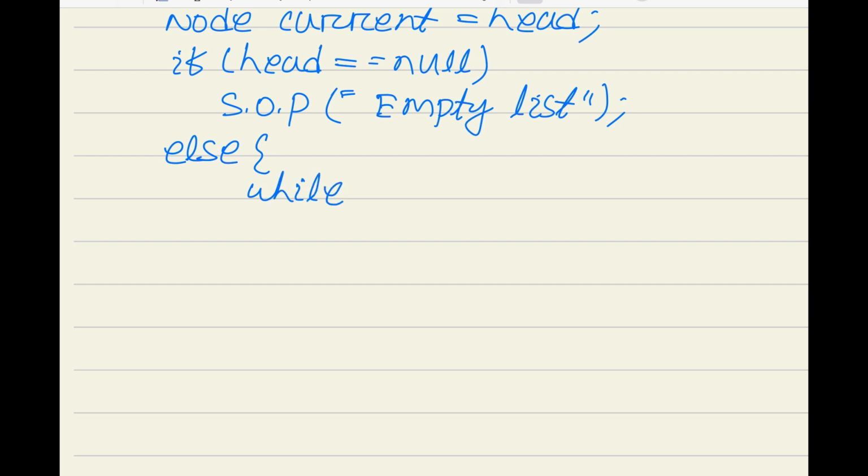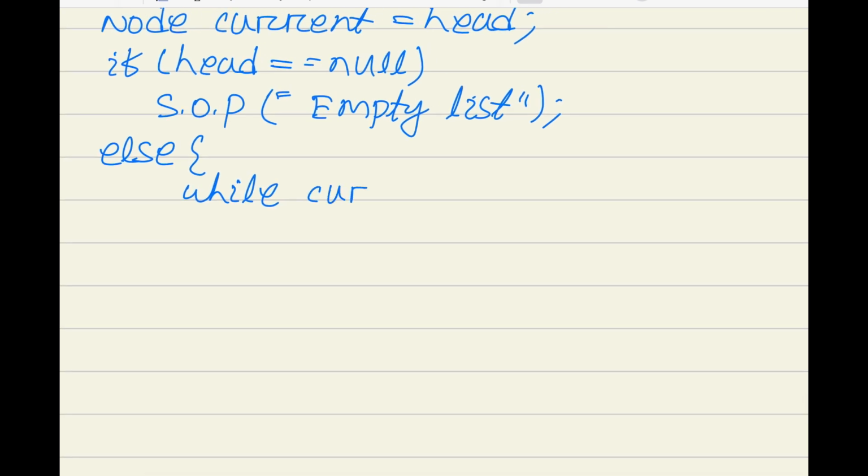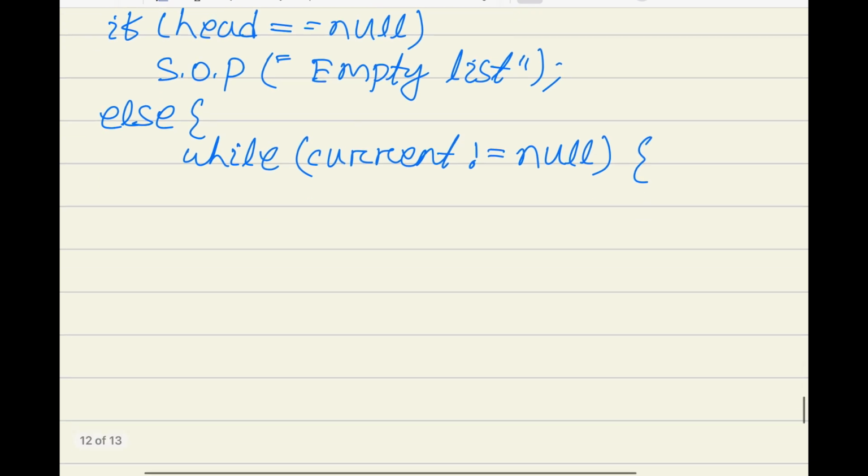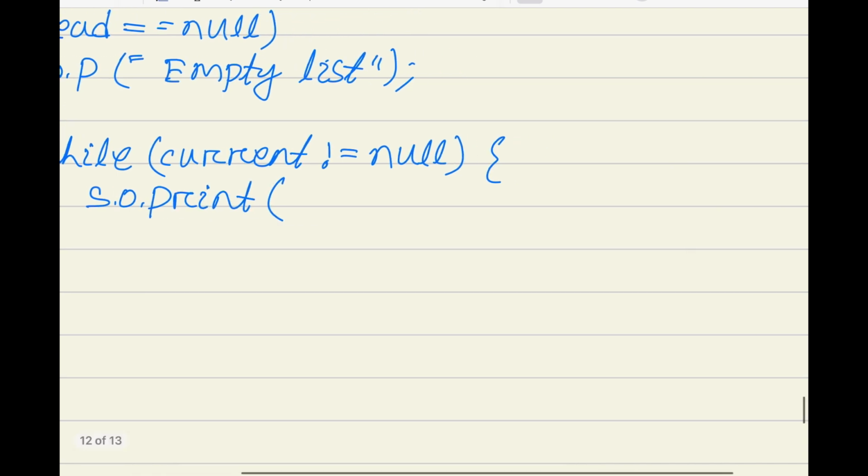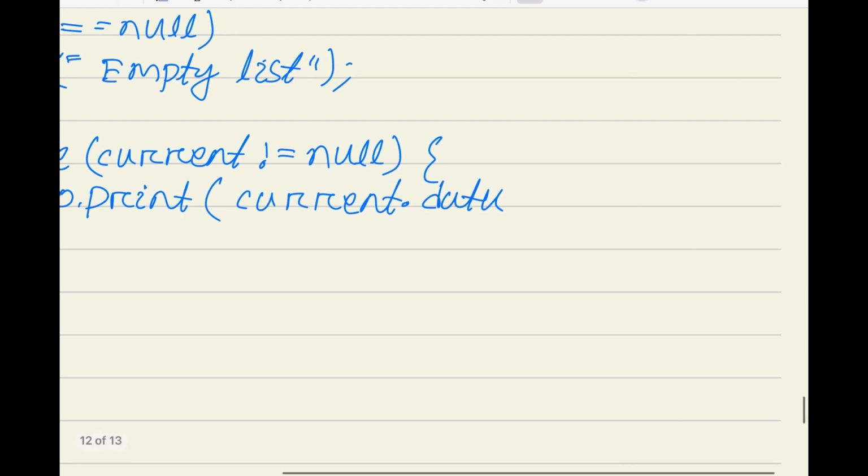Then in the else part, that means if the list is not empty, we can use a loop. So while current not equal to null, it is similar to the traversing of a single linked list. So inside the loop we will just print system.out.print current.data, then add some space.